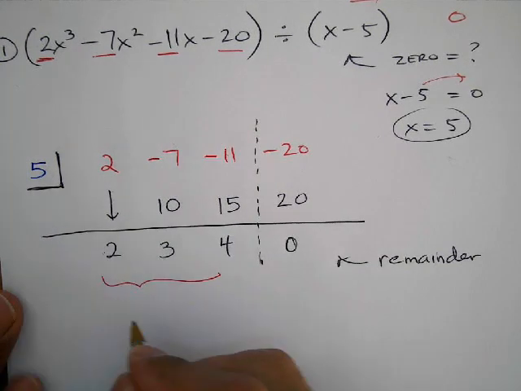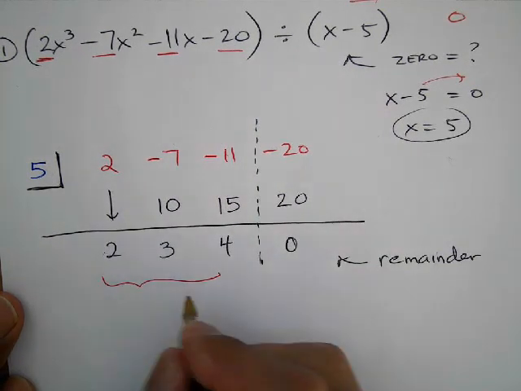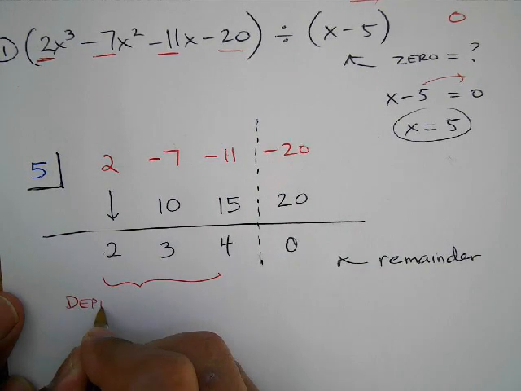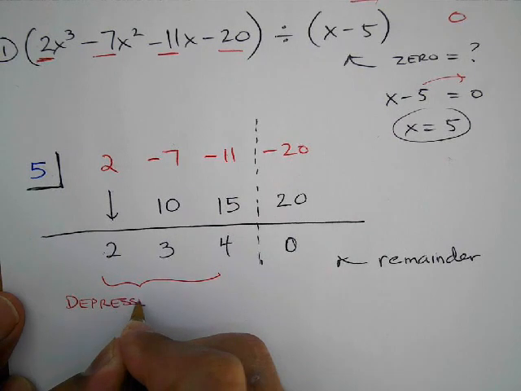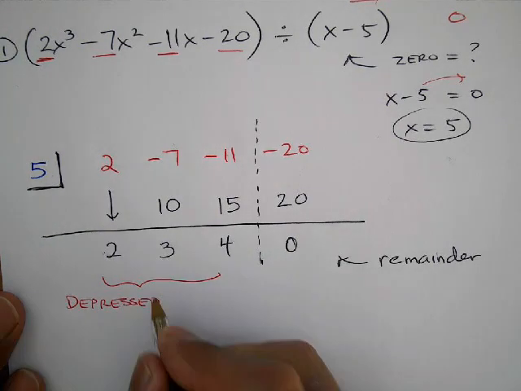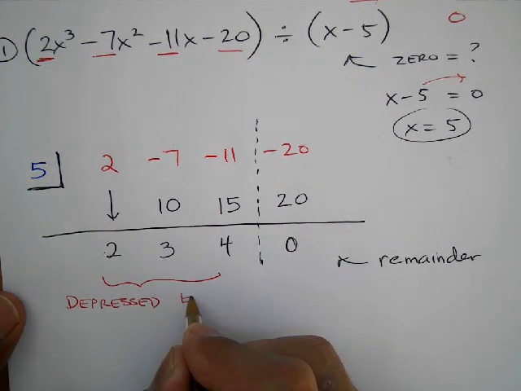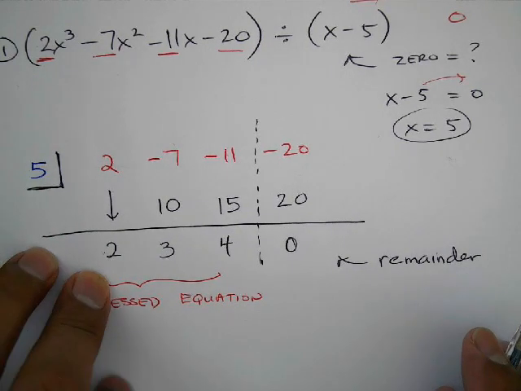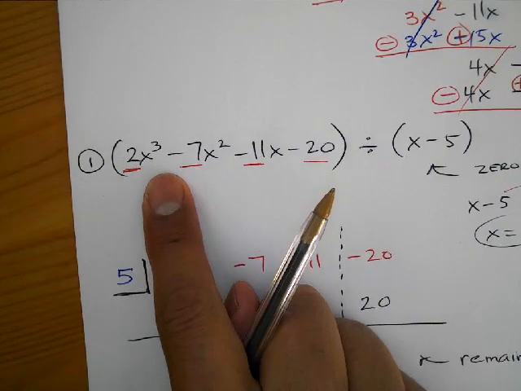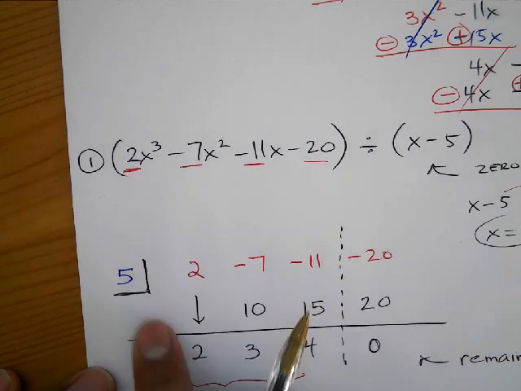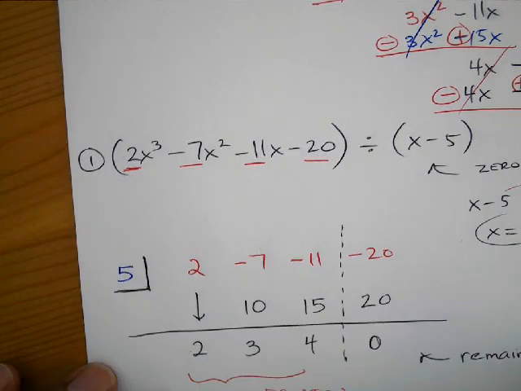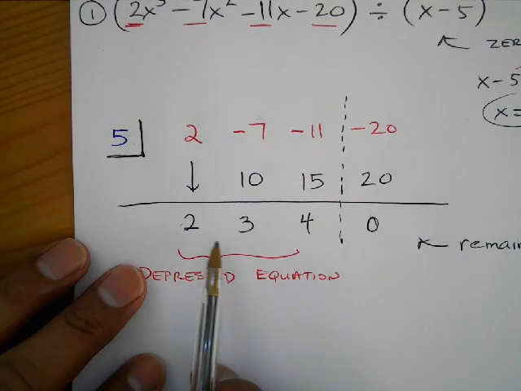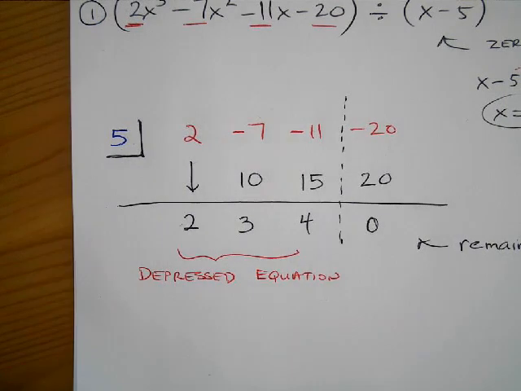It's called the depressed equation, not because it's sad, but because it got lowered one degree, right? It was x cubed, and now your answer is going to be 1 less. It got pressed down 1.